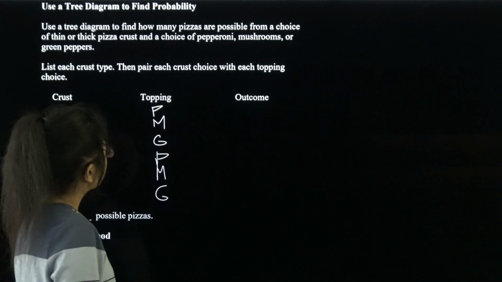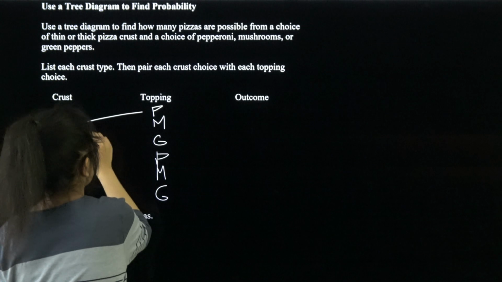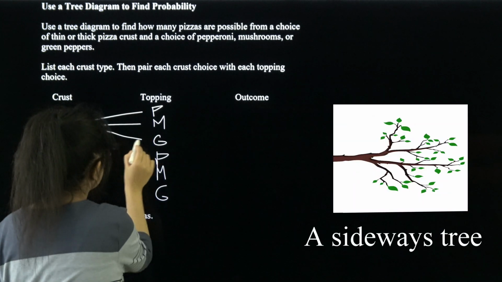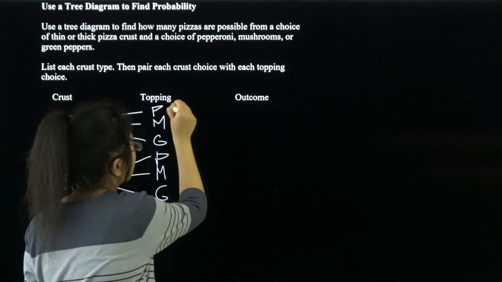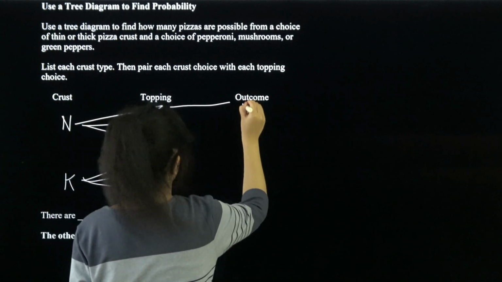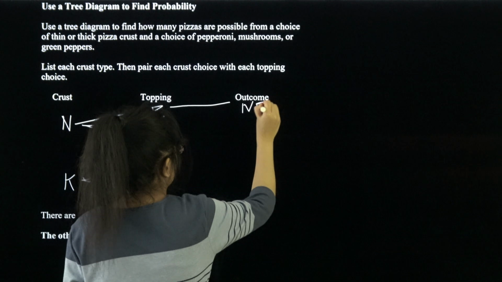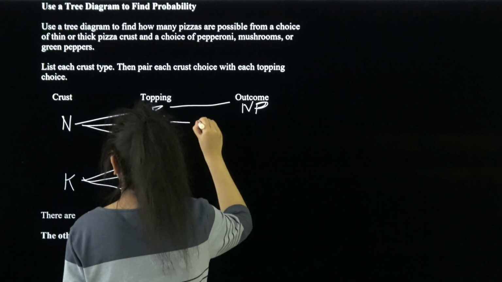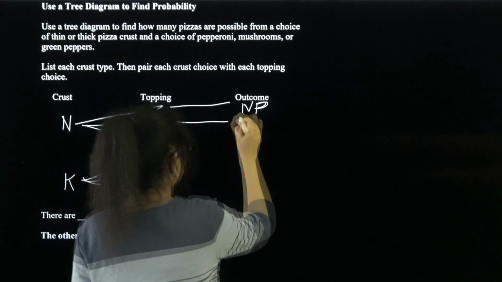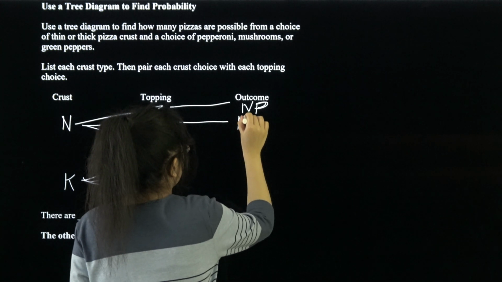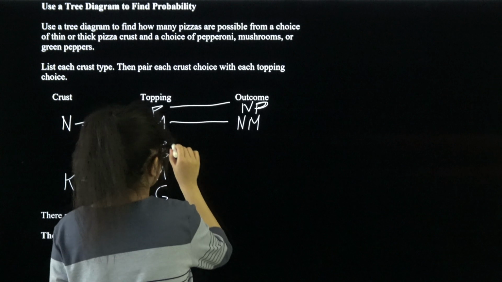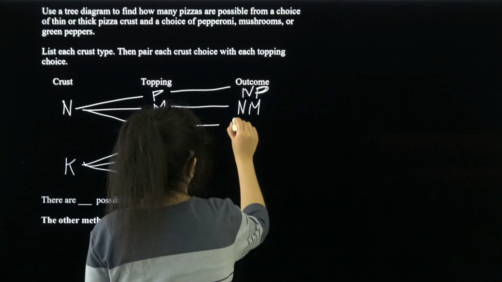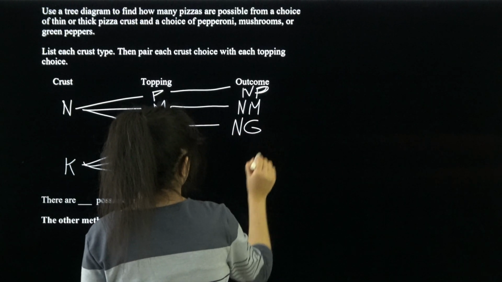So then the topping is here, and we draw it like a tree. So the outcome for this one would be thin crust pepperoni, thin crust mushroom, thin crust green pepper.